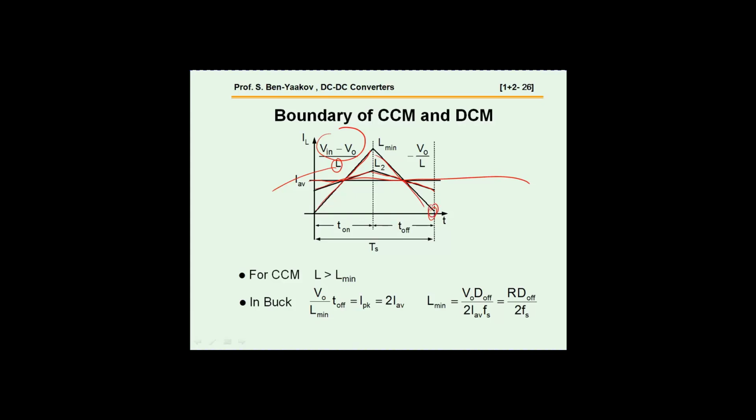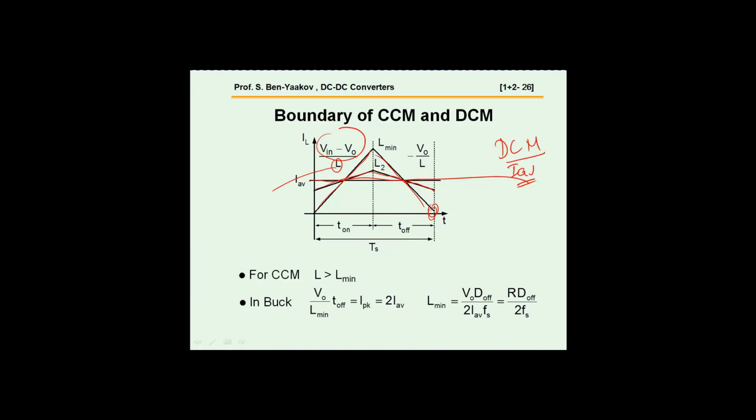So there is an interesting question here from the design point of view. Suppose you need a certain current. You want a certain average current. You don't want to enter the DCM mode of operation, which is, first of all, you're losing control in a sense, and then the current is chopped, so the ripple will be higher.